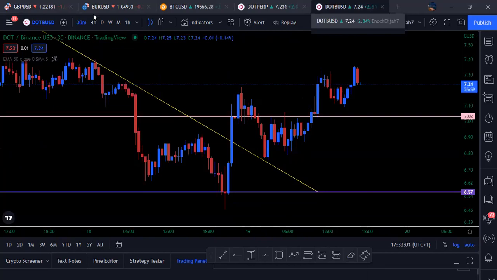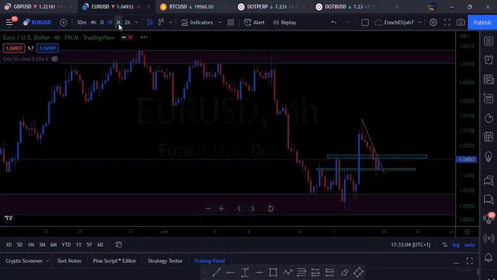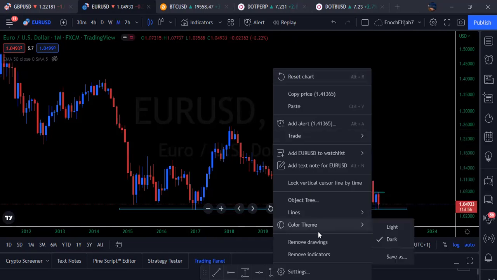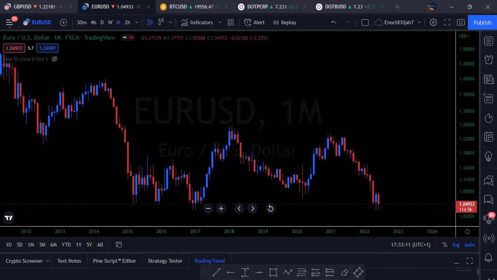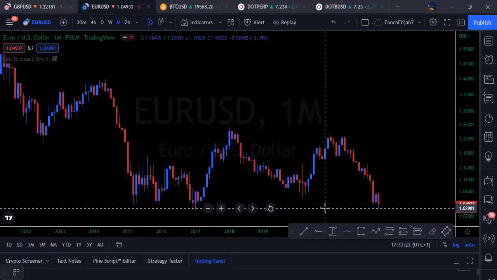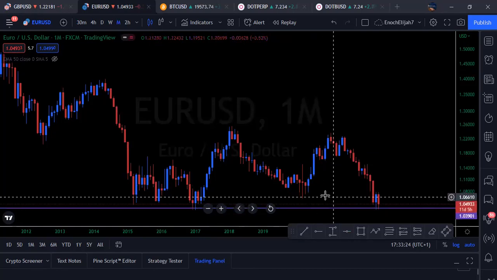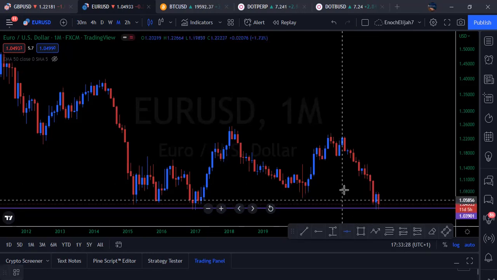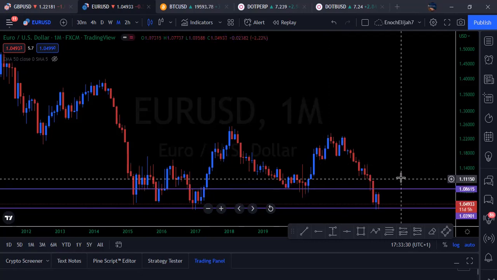Okay, so EURUSD, as usual, I'm coming to the monthly time frame. At the start, a key level, the support here. If this level does not hold price, price can reverse from here.